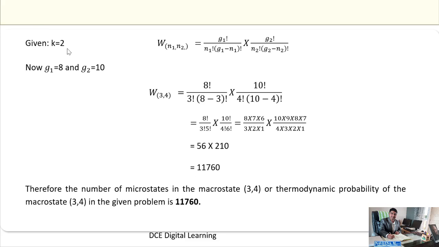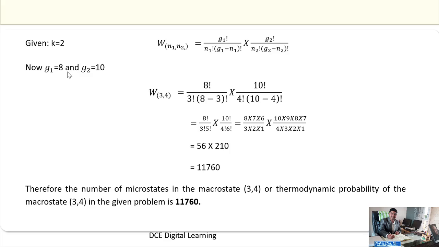Given k is equal to 2, therefore W of n1 n2 is equal to g1 factorial divided by n1 factorial into g1 minus n1 factorial, into g2 factorial divided by n2 factorial into g2 minus n2 factorial.